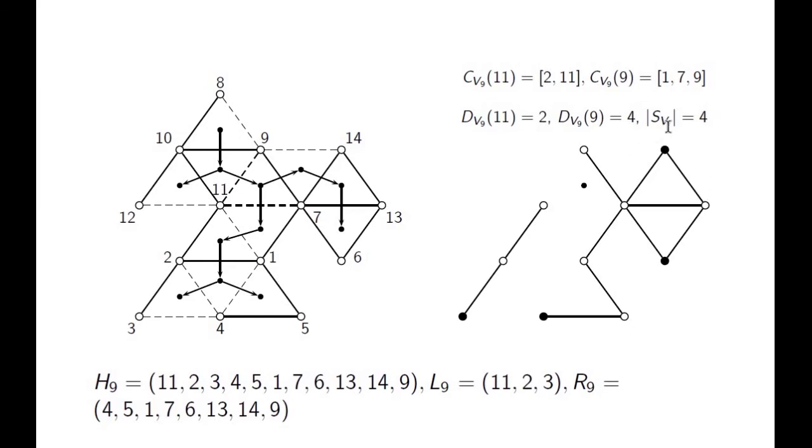Moreover, the size of the partial geodetic set is equal to 4. This vertex, this one, this and this belong to the partial geodetic set, and we have two ordered lists, one for vertex 11 and the second for vertex 9. And this list corresponds to the earlier mentioned cycle 11, 2, 1, 7, 9.